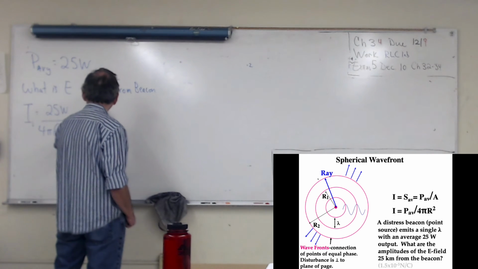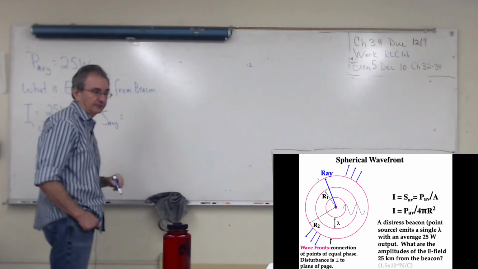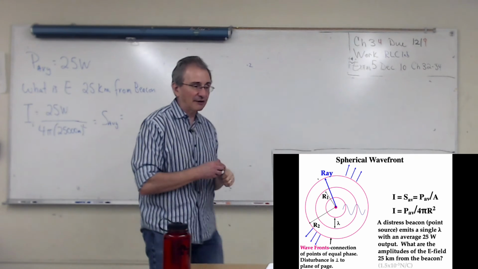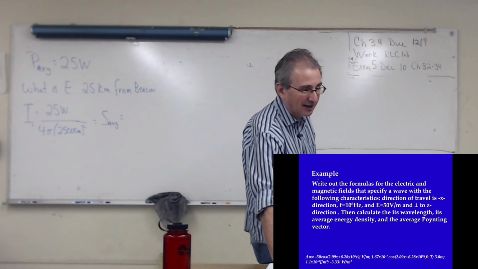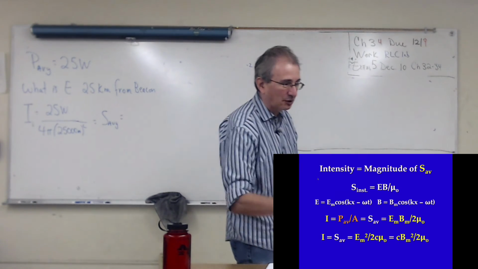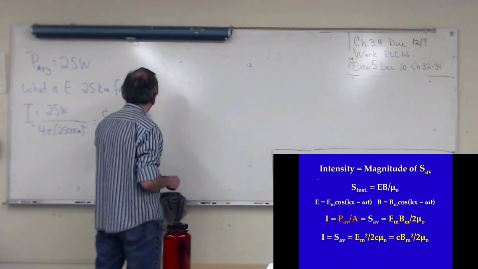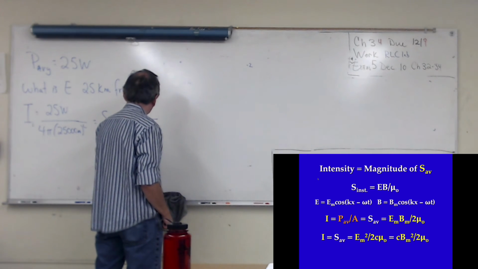And that's S average. We can write S average a bunch of different ways, so let me go back a couple slides. We can write S average as E max squared over 2 c mu naught.